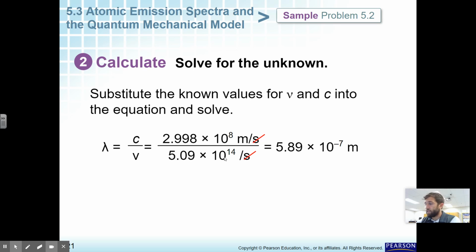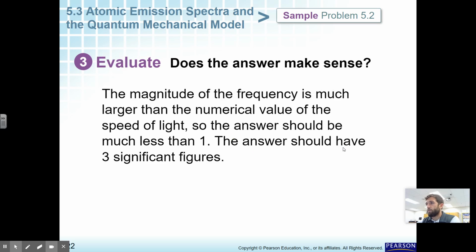Put it in the calculator and you get 5.89 times 10 to the negative 7 meters, which is good because meters is a unit for wavelength. The seconds cancel out, because at the top you have 1 over s and at the bottom you have 1 over s, and it ends up flipping around. I'm going to show you that in person or in another video when we get there. You're left with 5.89 times 10 to the negative 7 meters.